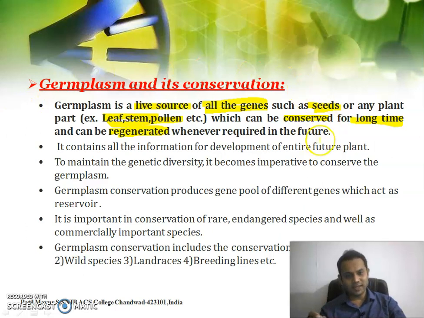I have written here any plant part because the plant has a special ability which we call totipotency, by which the plant can be generated from other plant parts also. For example, leaf, stem, pollen. You might have encountered the concept of plant tissue culture.